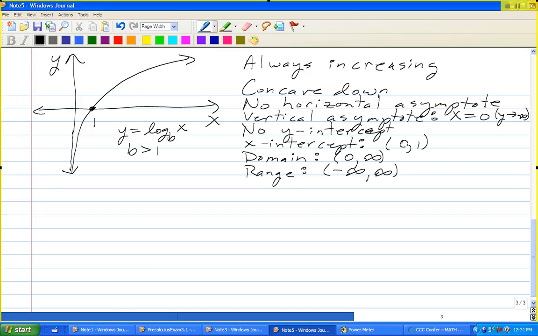Let me give you some notation and terminology, really. The common logarithm.